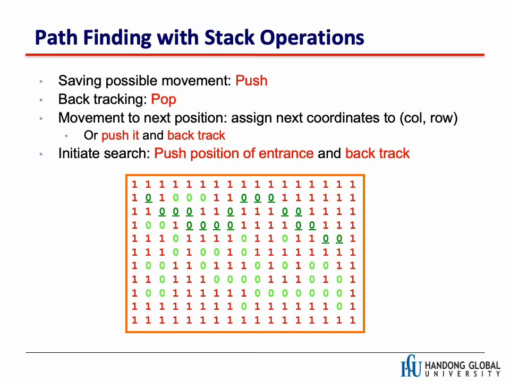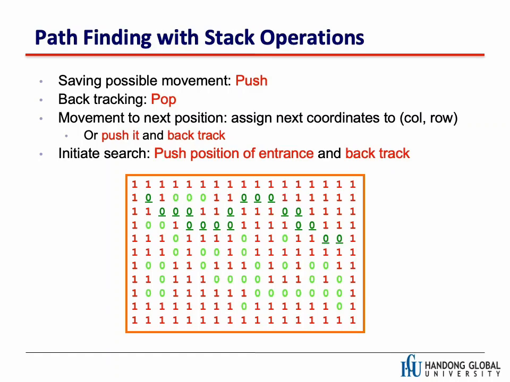In the previous slide, I mentioned why we use the stack for the maze problem. Now in this slide, we will see specifically how we use it. First, push operations. To save possible movements, we will use push, and for backtracking, we will use pop. Whenever we move to the next position, this is done by assigning the next coordinates to col and row.